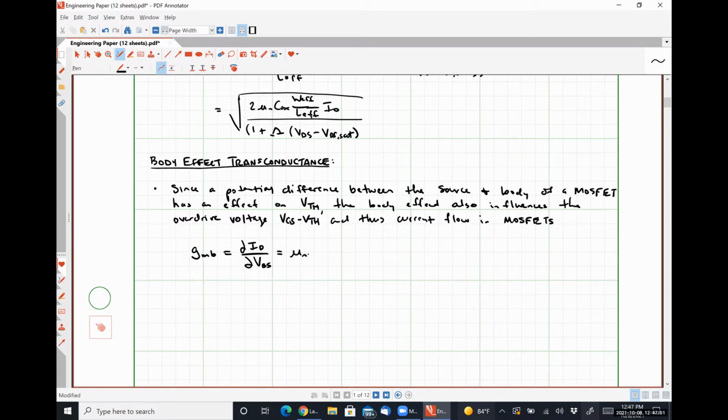And so that will look like mu n Cox W effective over L effective times the quantity VGS minus VTH times negative the derivative of VTH with respect to VBS.